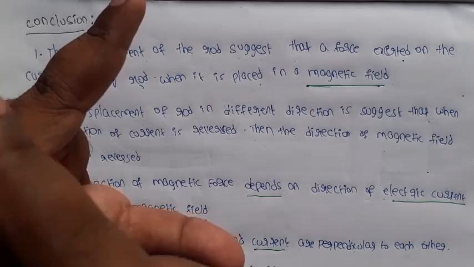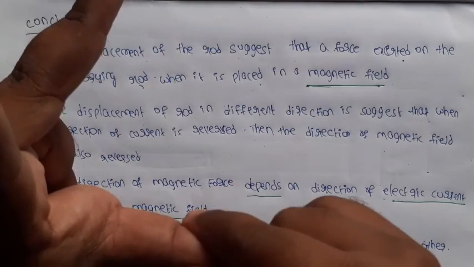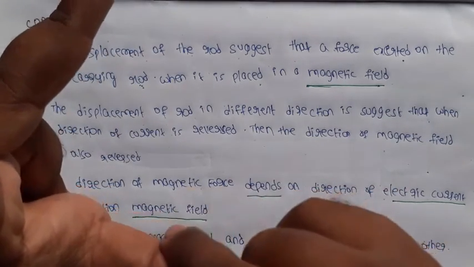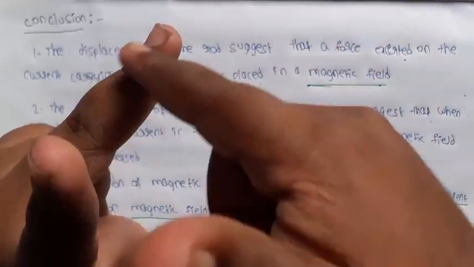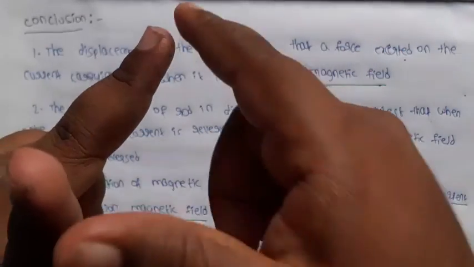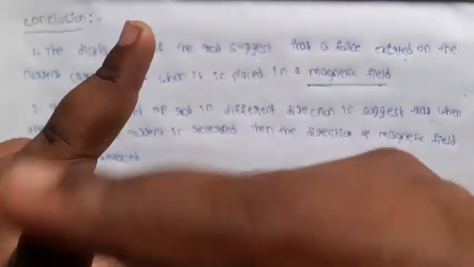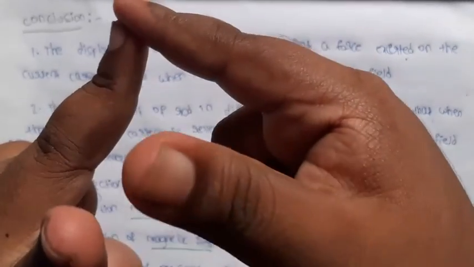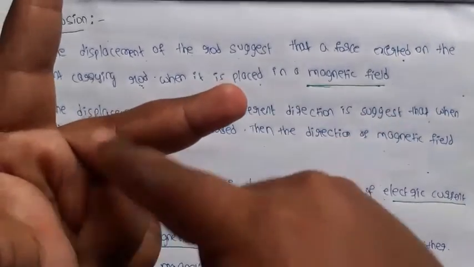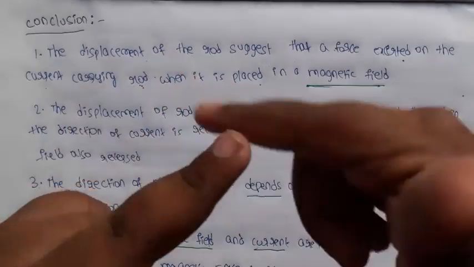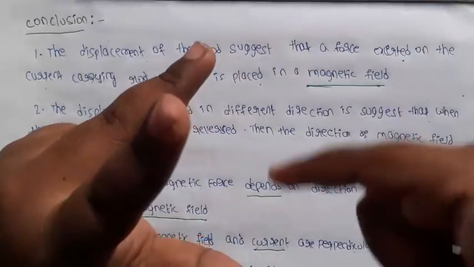So this is the direction of the current, this is the direction of the magnetic field, and this is the direction of the force. The angle between these two lines is 90 degrees, and between these two lines is also 90 degrees. So these three are mutually perpendicular to each other.